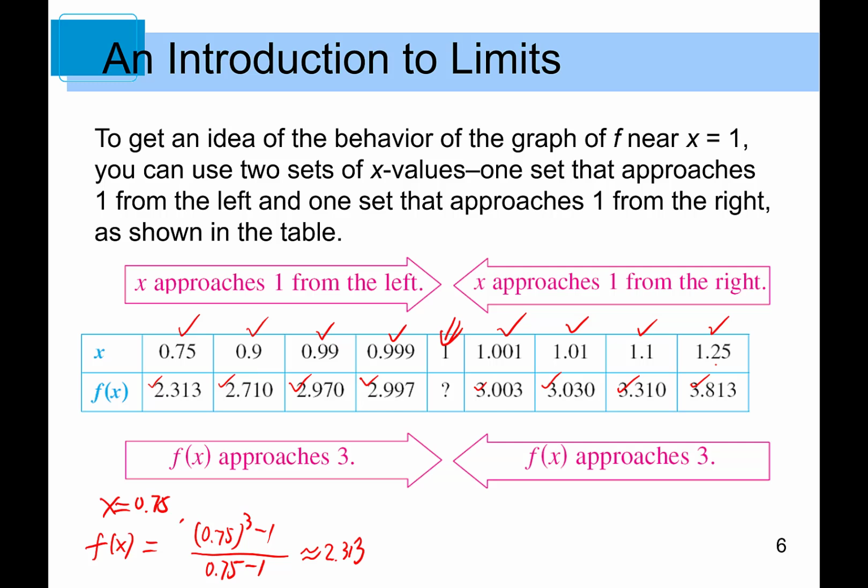As you can see, the numbers on the left-hand side of x equals 1 are getting closer to 3. From the right-hand side, the numbers also approach 3. So safely speaking, we can say that at x equals 1, the limit will approach 3.